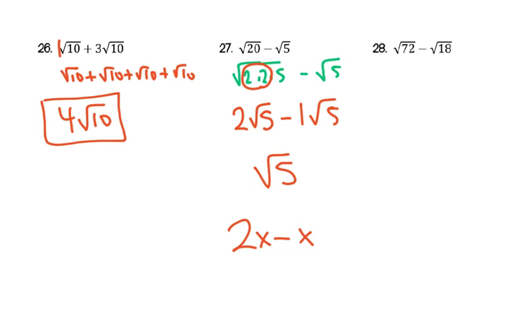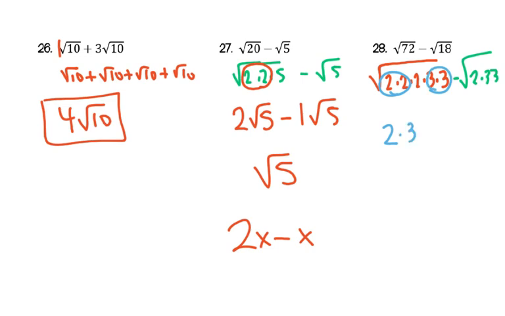Okay, 28, square root of 72. So 72 is 8 times 9. So I'm going to break that down. 8 is 2 times 4 times 9. And then minus the square root of 18. 18 is 2 times 9. So if I go to get my pairs out, I'm going to have a pair of 2's and a pair of 3's, and then this 2 is going to stay in there.